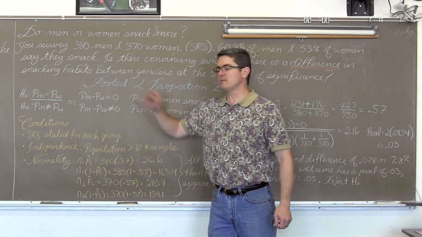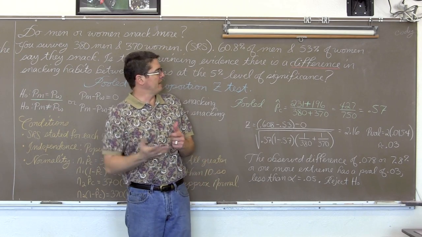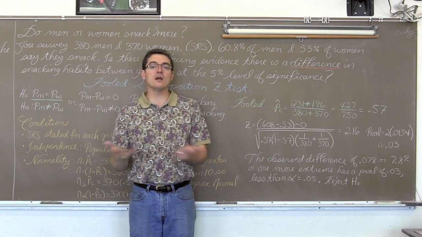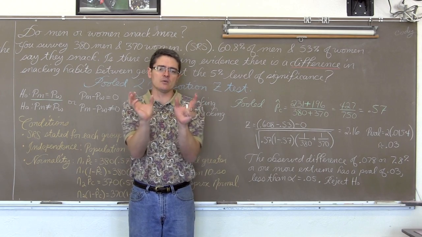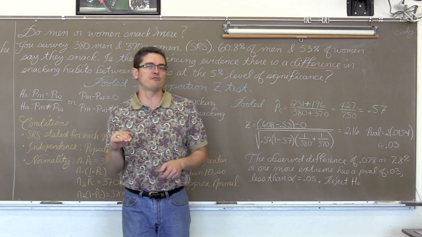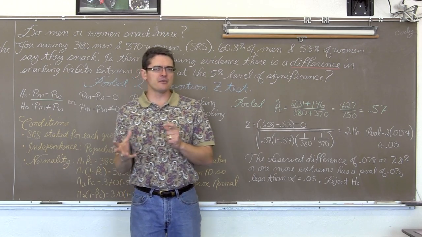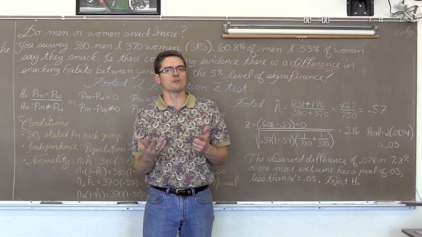Now again, the reason why it's going to be pooled is because we're going to assume, is there a difference? Well, where does the difference start? If we take their results and subtract them and get an answer of 0, then there is no difference. But anything other than 0 means that there is going to be some sort of difference.